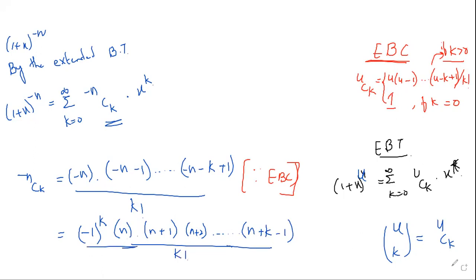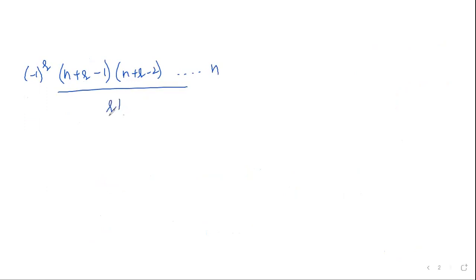Now after that, what should I do? We can write it as minus 1 whole power r into, the first term is n plus r minus 1, then we will have n plus r minus 2 and so on up to n, by r factorial.